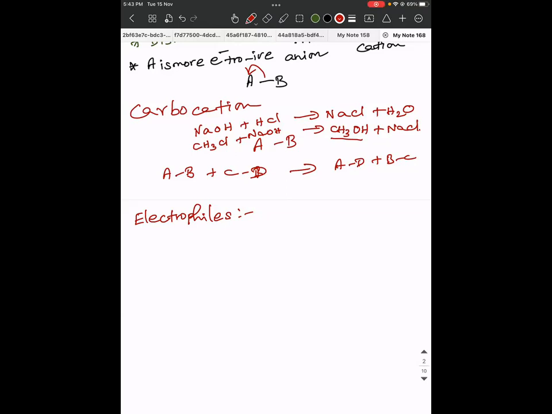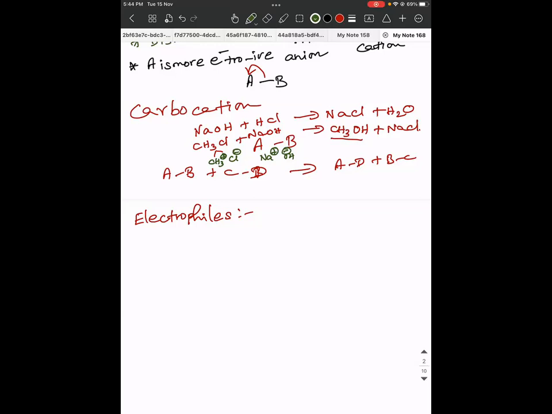CH3 becomes CH3 plus and Cl minus, and NaOH becomes Na plus and OH minus. So the positive part comes from the methyl chloride, the negative from the sodium hydroxide. Now here we are talking about electrophiles and nucleophiles in organic chemistry.